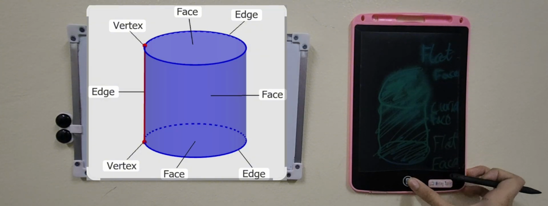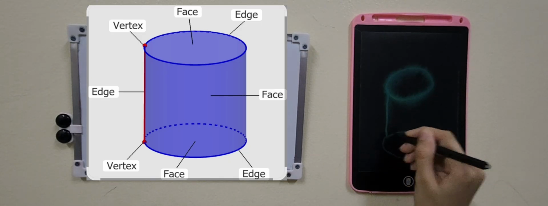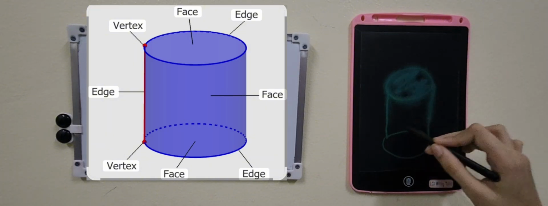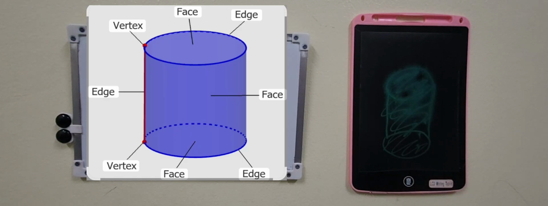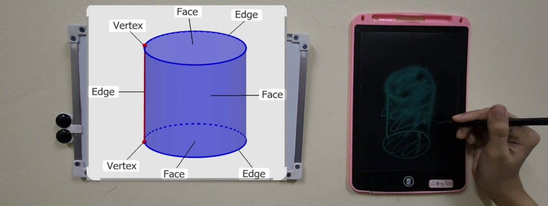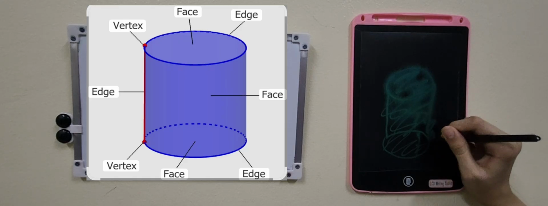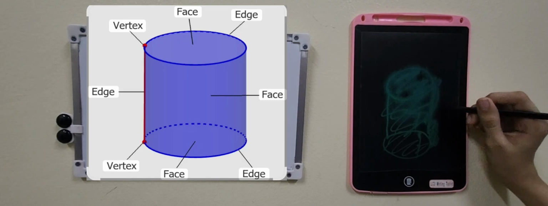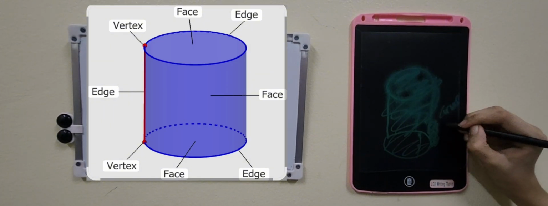Now we're going to be moving on to its edges. Here we can see face number 1, face number 2, and also face number 3. For faces 1 and 2, we have this line that is joining them, and this line over here is called the curved edges because they are curved.